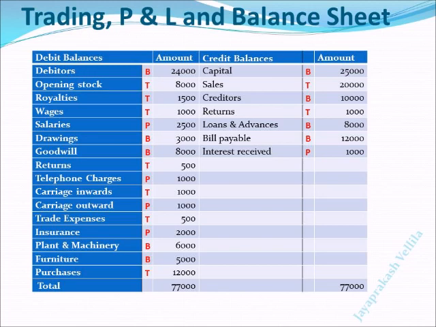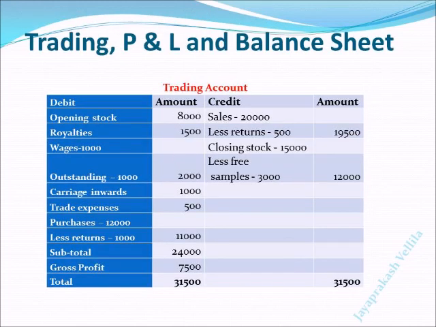Now, based on this trial balance, we may go to the trading account. We can prepare trading account based on the trial balance and adjustments. On the debit side, opening stock is 8,000. Royalties is an expense for items taken for trading, so it is kept in the trading account.